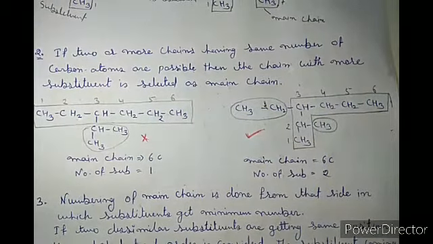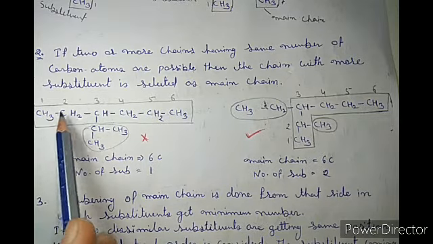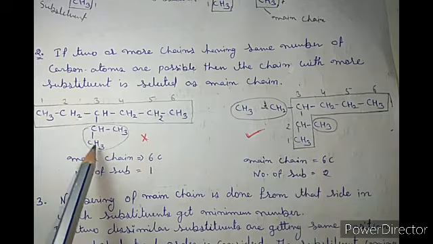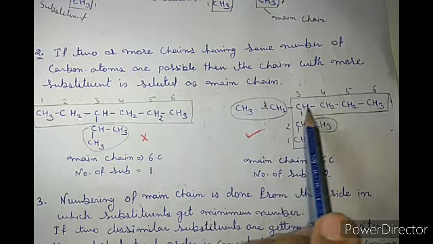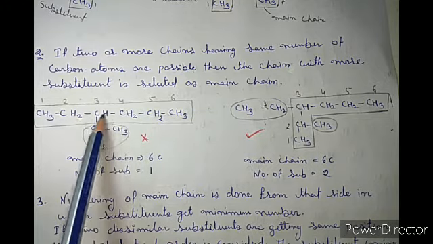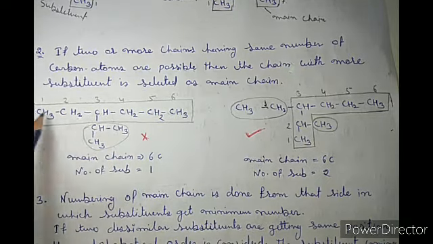Now, if we select the longest chain, 1 2 3 4 5 6, the first possibility is this one, and if we consider like this, then 1 2 3 4 5 6. Is there any other possibility? Yes. We can consider 1 2 3 4 5 6 also. So the longest chains are 6 carbon atoms.